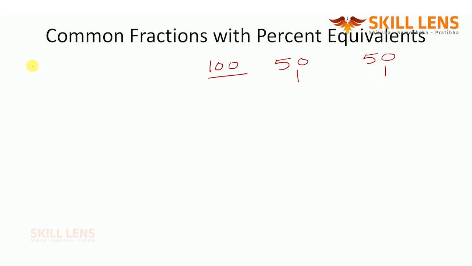So can I tell you the fraction value 1 by 2 gives the percentage value as 50%? 50% is nothing but 50 divided by 100, that will give you 0.5. So 0.5 is nothing but again the 50%. So you should know the fraction values.